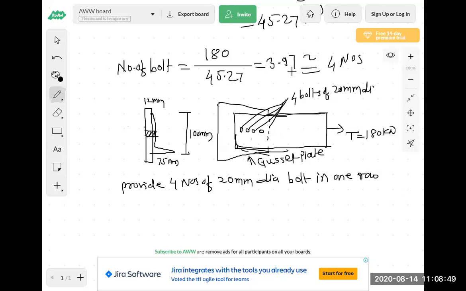It means for this 180 kilonewton load, you have to provide 4 numbers of bolts of 20 diameter. The meaning of this is that. Everyone has drawn and written this. Please draw.